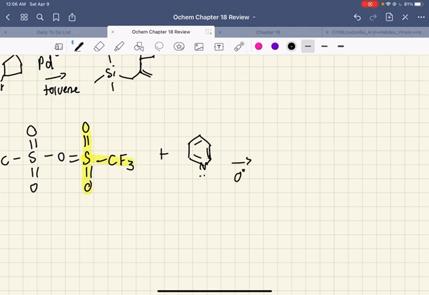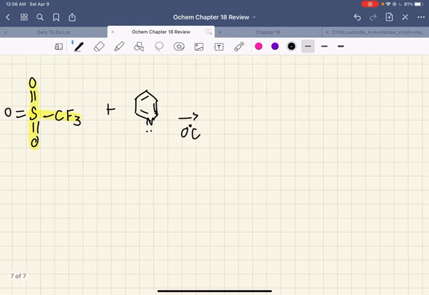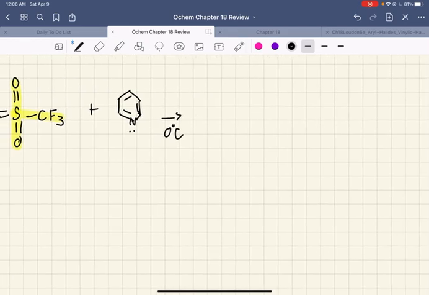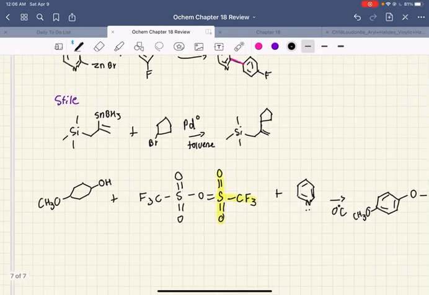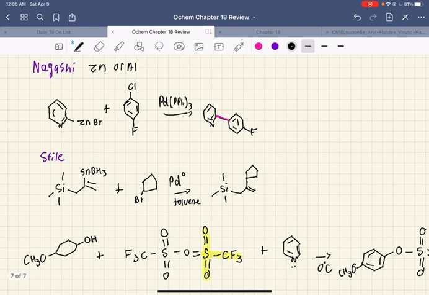This will be done at 0 degrees Celsius. And this will be the final product. OCH3 is just the same. This triflate will be here, plus the pyridinium as a waste product. So that is another Stille reaction.